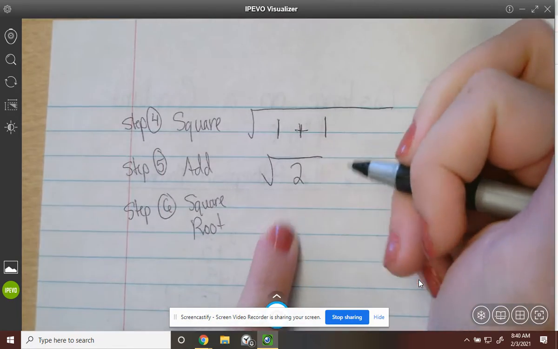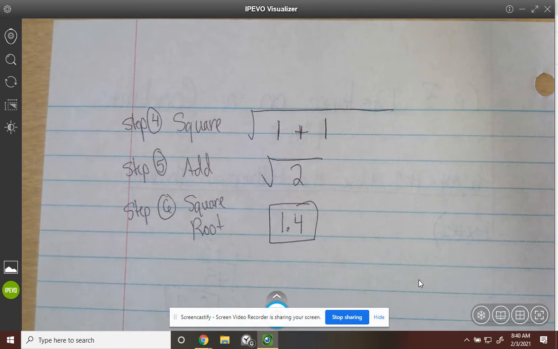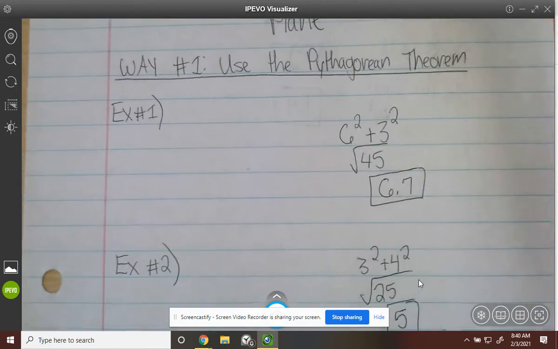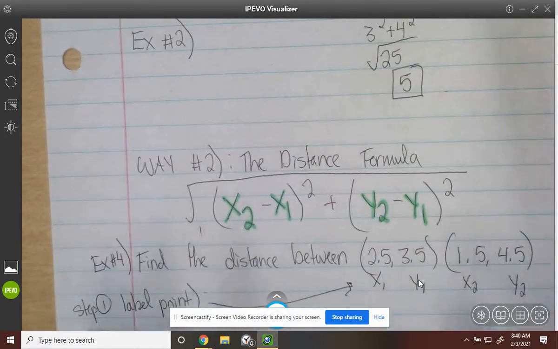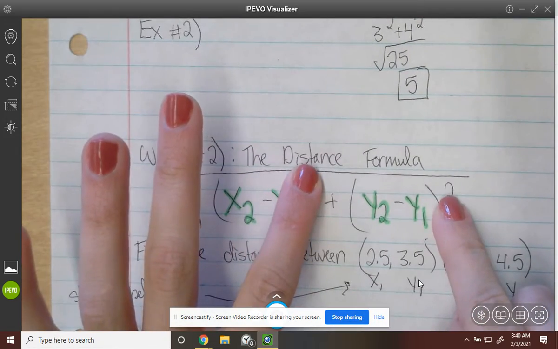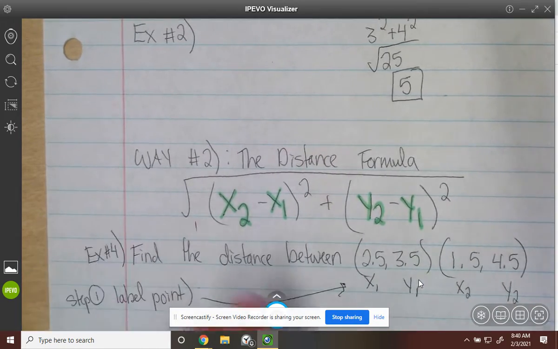And the square root of 2 is 1.4. So lots of steps, but it's just kind of the steps that make sense as you're going through and solving this. You're going to do the subtraction in parentheses first, then you're going to square them, then you're going to add them, and then you square root.